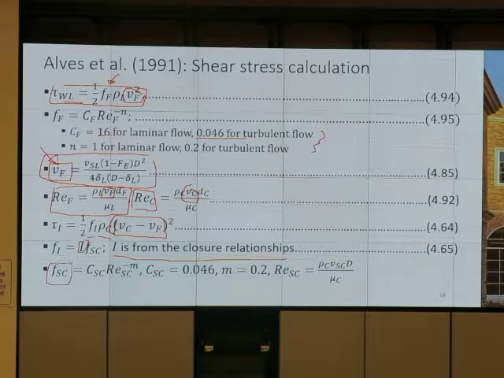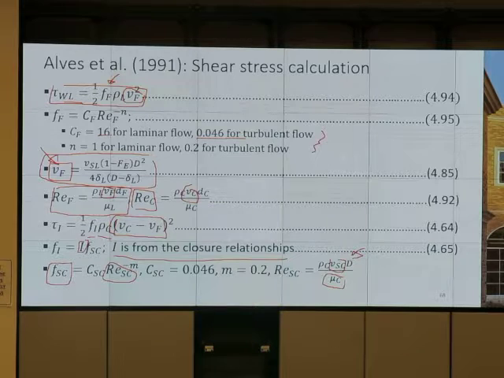FSC, superficial core friction factor. So we calculate it based on superficial Reynolds number, based on superficial core velocity. Rho C, VSC, D over mu. That is, of course, to be able to calculate right off.